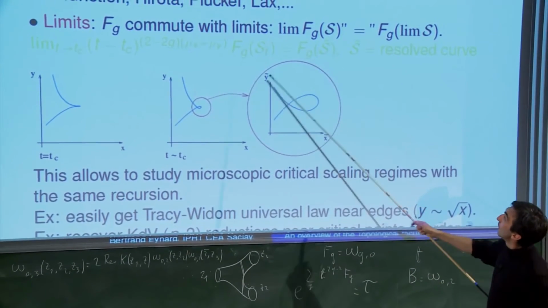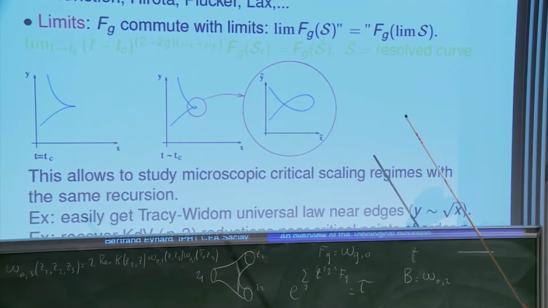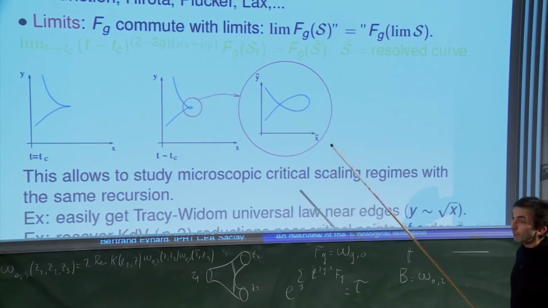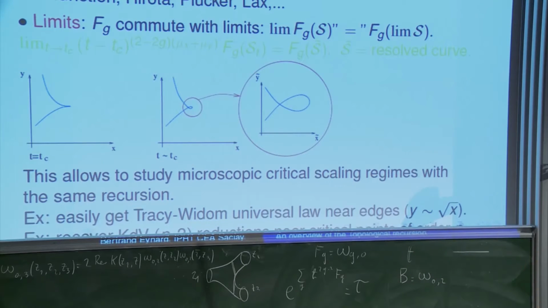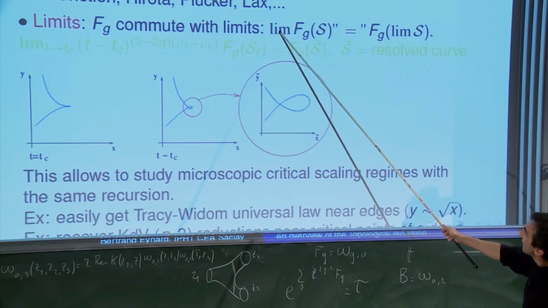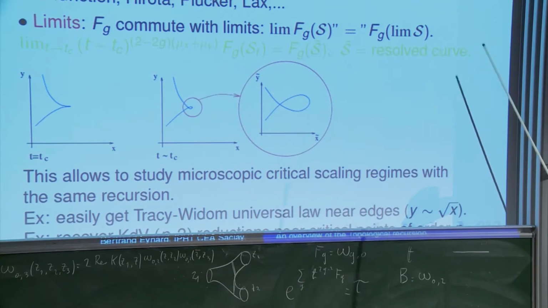And so this t minus tc to that appropriate power times Fg has a limit. And what is that limit? The miracle is that the limit is also the Fg of some curve, and that curve is just the blow-up of that singularity. So, I mean, rescale it. A not very rigorous way to write it is that the limit of Fg of S is the Fg of the limit of S. That means you need to rescale, but this is the idea.